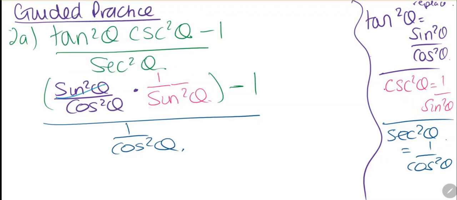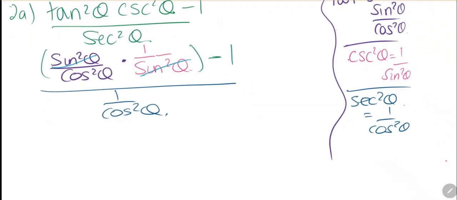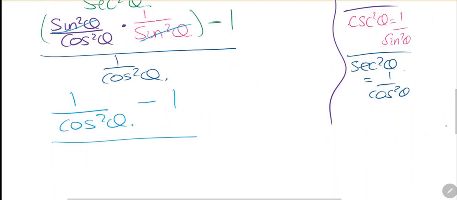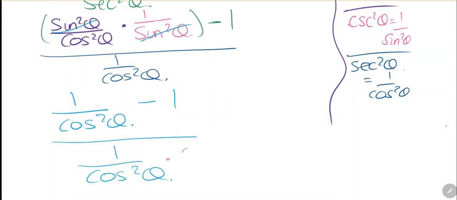So on the numerator, the sines will cancel. And I have 1 over cosine squared minus 1 divided by 1 over cosine squared theta. Now I can multiply everything by cosine squared theta. And if I do that, these here will cancel and these here will cancel.